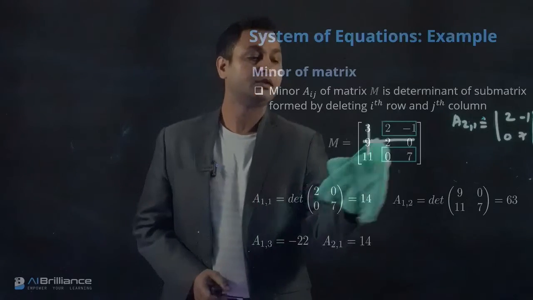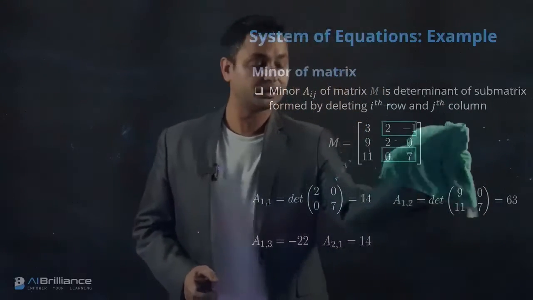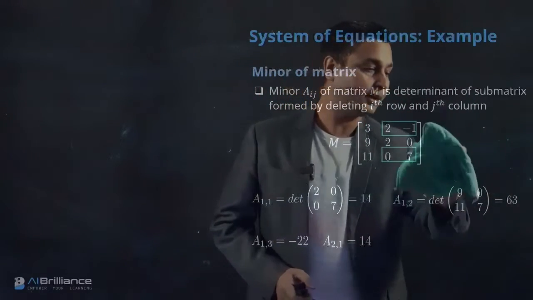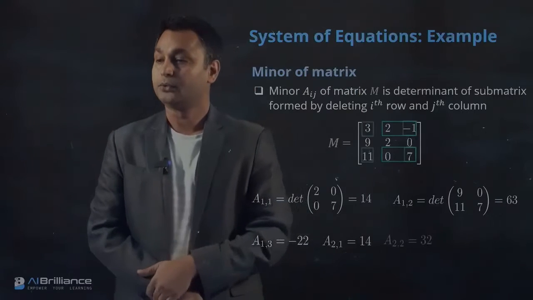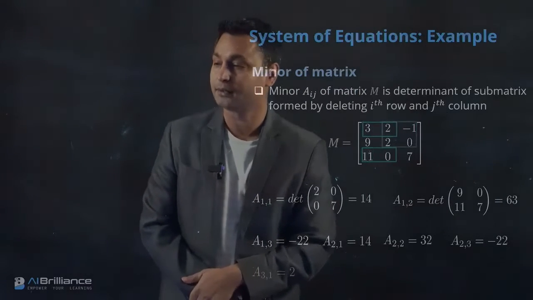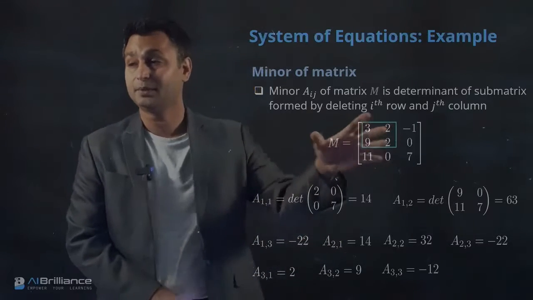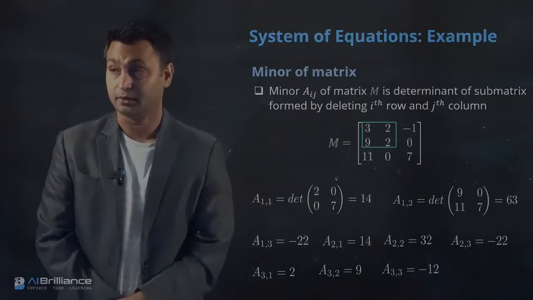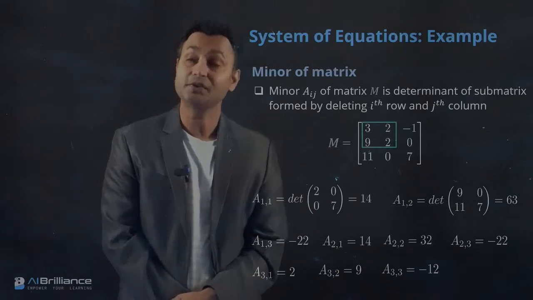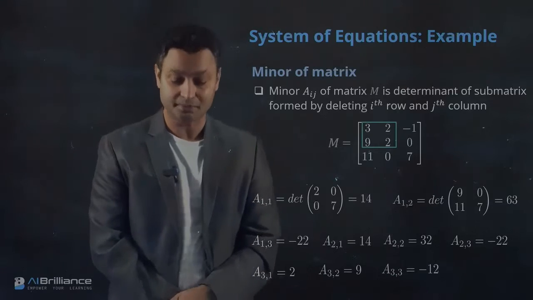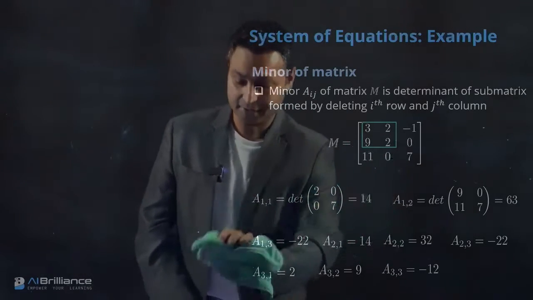This is how we'll proceed, and we will determine all the minors of this matrix M: A11, A12, A13, A21, A22, A23, A31, A32, and A33. We have 9 elements, and we will have 9 minors, and this is how the minor computations are done. That is the first step in computing the adjoint or adjugate of a matrix.